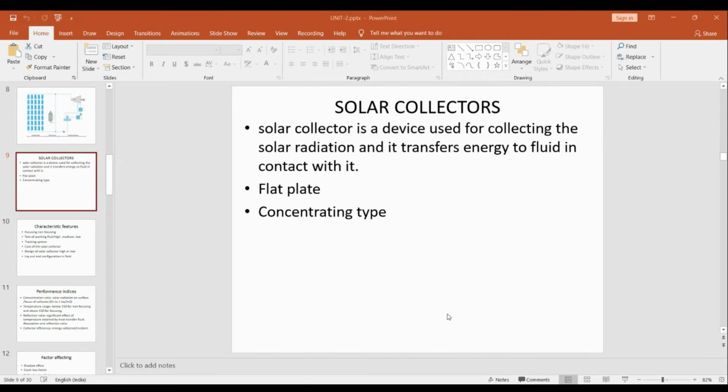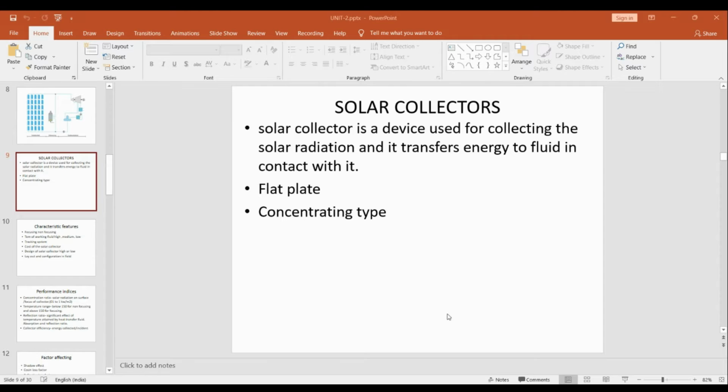We are specifically going to study solar energy, right? So certain types are there: solar heating application, solar cooling application, and solar electric application. There are three applications behind the solar, right?